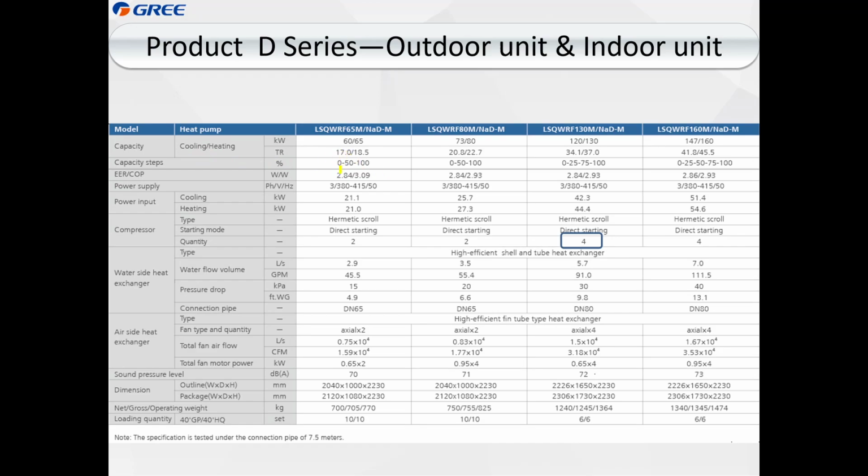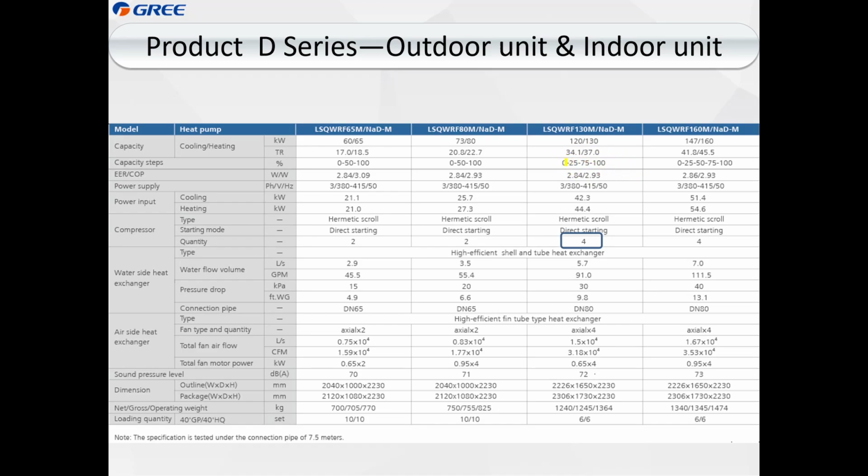We see 0, 50, 100%, and for 130 kilowatt it is 0, 25, 75 and 100%. This is mainly for part load, for the unit working at part load.